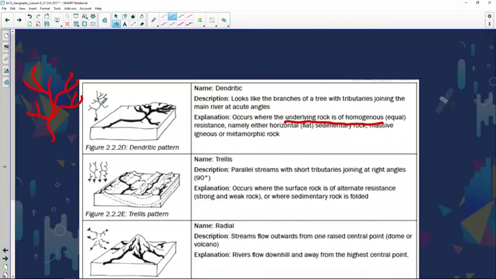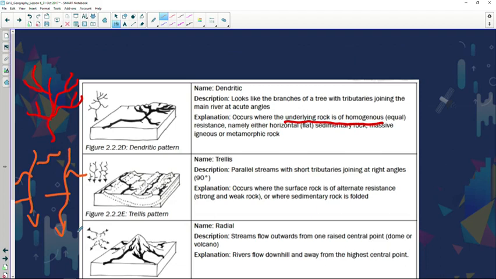Our next pattern is trellis. Now it's quite easy to identify because it's tributaries joining at 90-degree angles. Now it's basically parallel streams, as you can see, but the tributaries join at 90-degree angles.